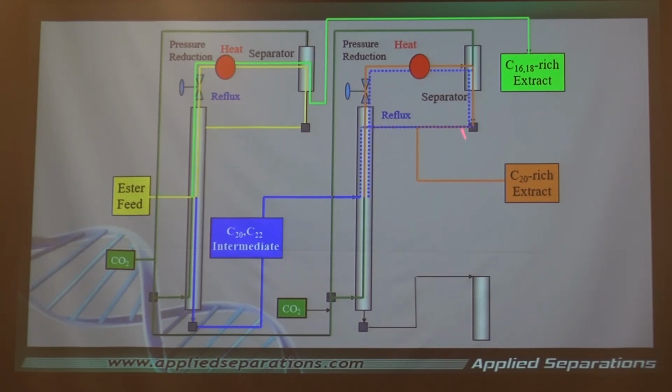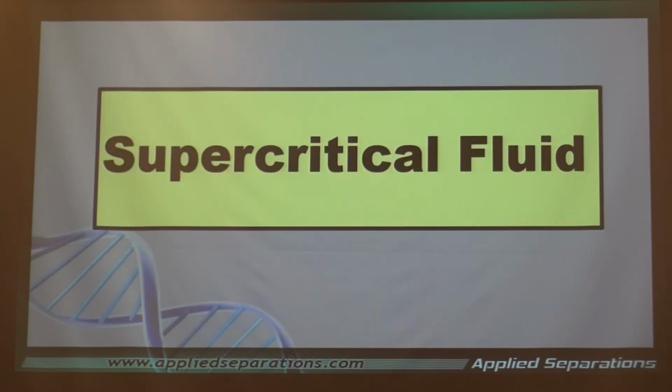This one gets separated out from this separator, and then the balance, the C22, gets extracted here. So here we've separated these two fatty acids, the omega-3 fatty acids. And all of it is done on a continuing basis. Feed it in, it continues to roll on and on, and then we have those separations.